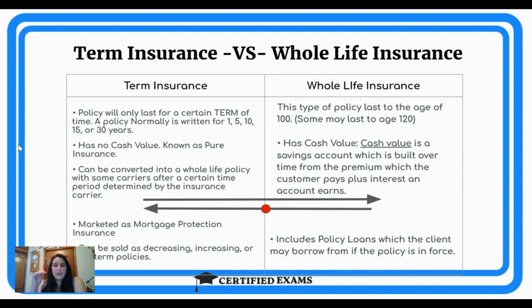If it's increasing, in year two you're at 210, 220, and the price is going to go up a little bit. Now, if it is a decreasing policy, year one is $200,000, maybe year two is $190,000, $180,000. It goes down. However, the premium, the price that the customer is paying, stays the same. And if it's level, your price and your death benefit stay the same. It is level throughout the entire contract. Okay, guys? So that is term insurance policies.